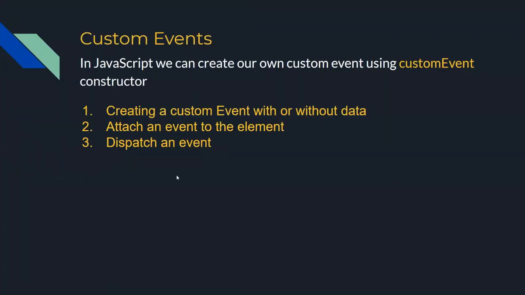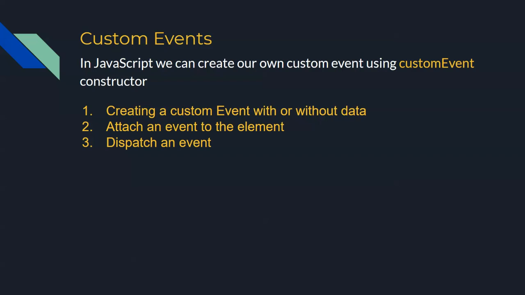Now we'll see how custom events work. Till now we were using the inbuilt events, the events given by JavaScript. In JavaScript we can create our own custom event using the CustomEvent constructor. First we create a custom event with or without data.